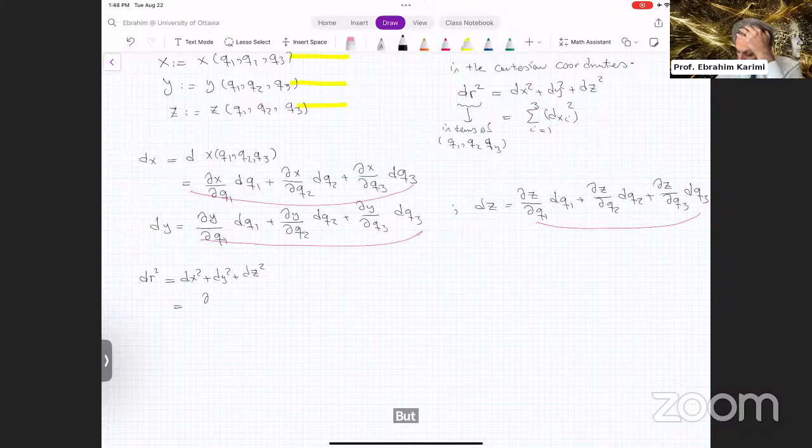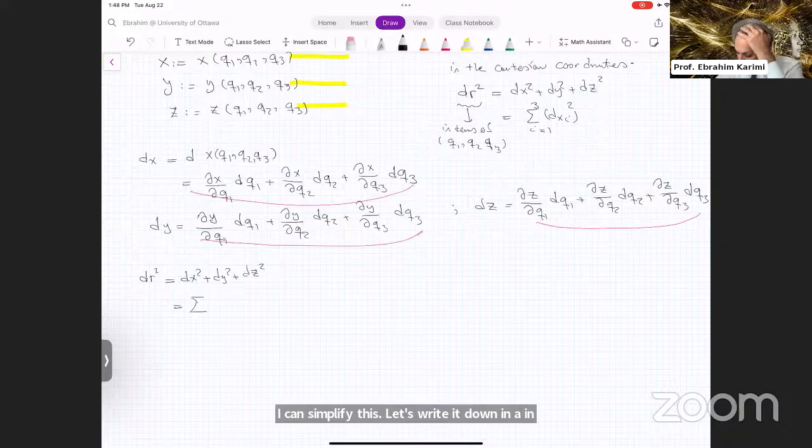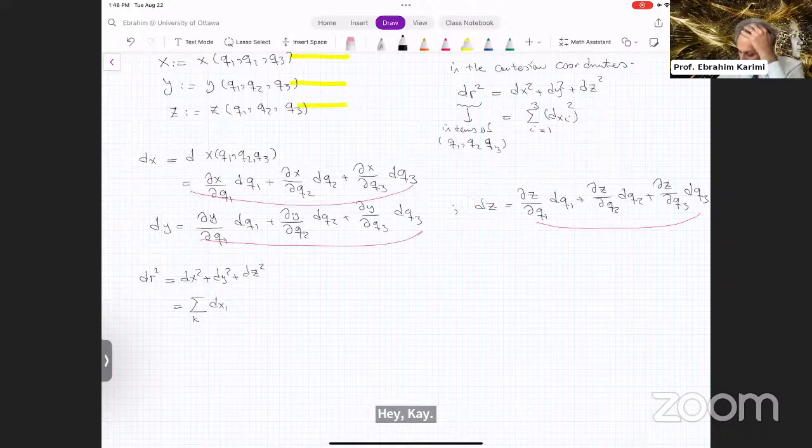I can simplify this. Let's write it in a more simplified version.